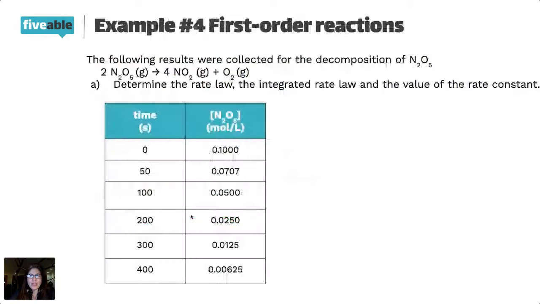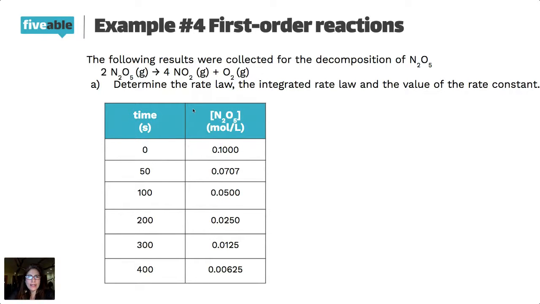Okay, so for example, an example of first order reactions. They're going to give you data from an experiment. In here, they give you the data of the decomposition of dinitrogen pentoxide.